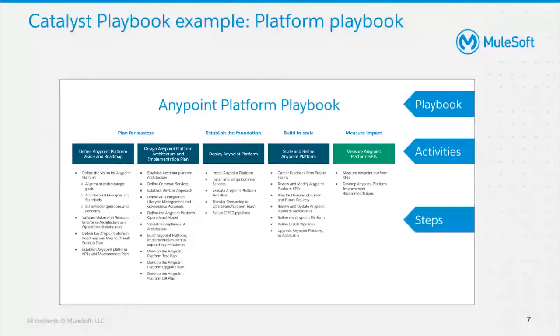The next one is design Anypoint platform architecture and implementation plan. And here you have, again, another step-by-step procedure, and these steps even have sub-steps. So if you're in our platform, in our Catalyst Knowledge Hub, you will have access to these points, and you can drill down on each of these tasks.